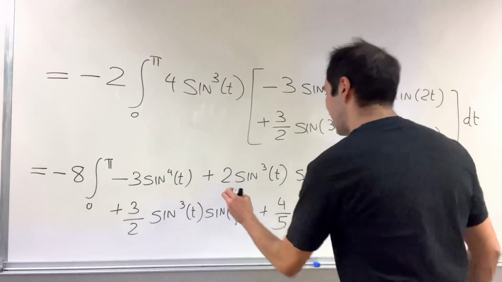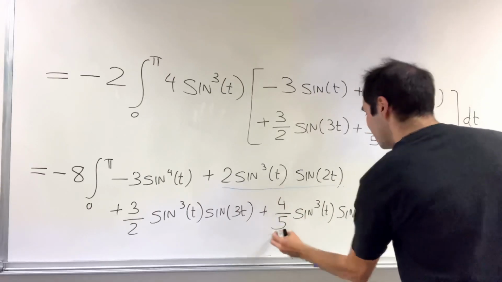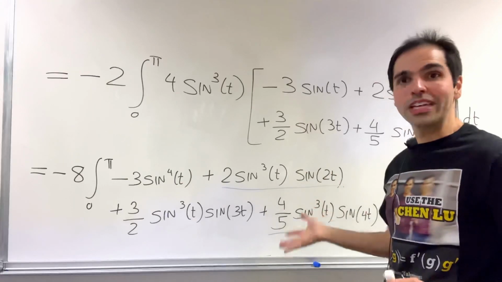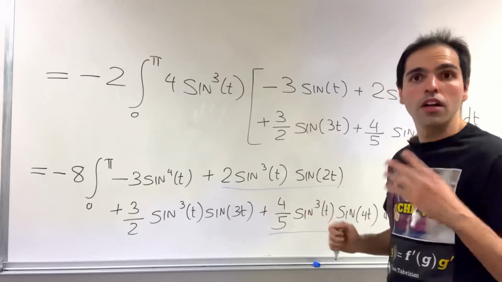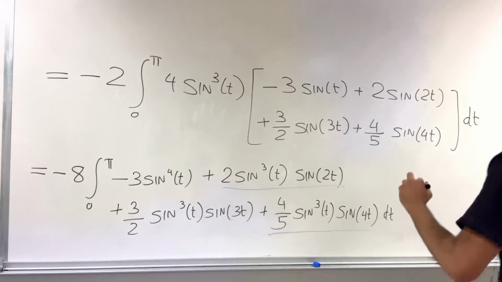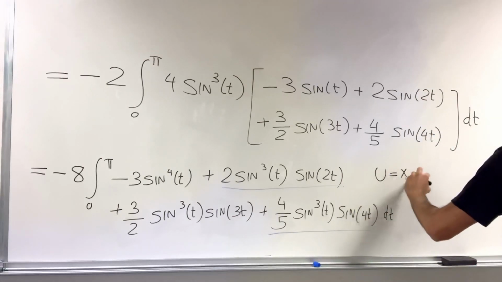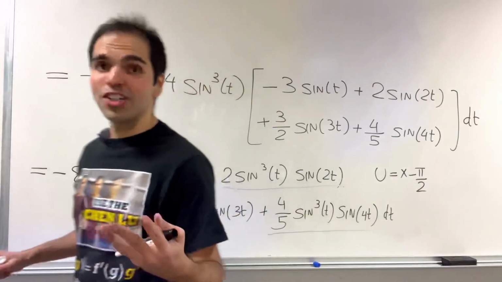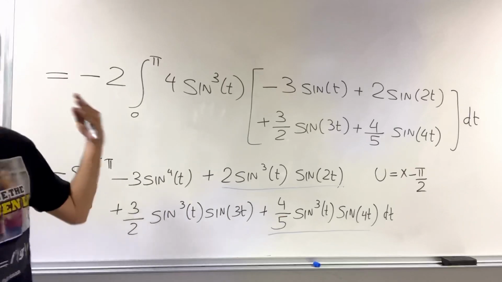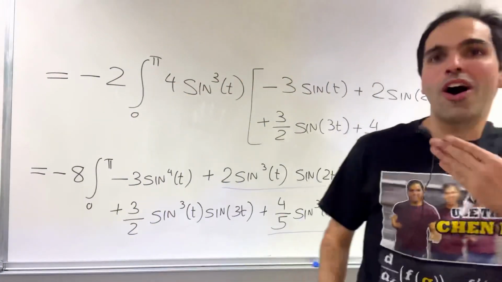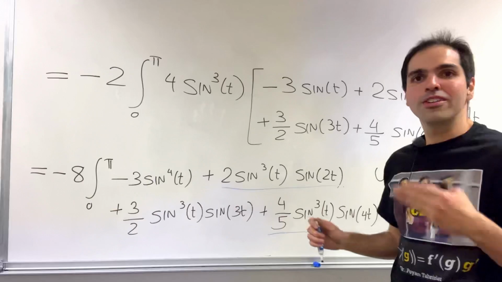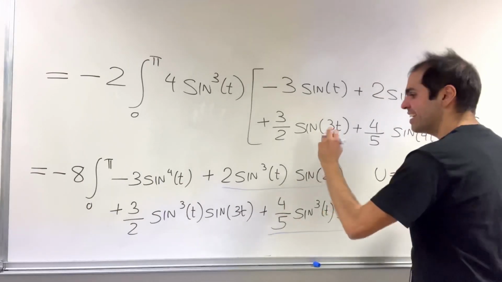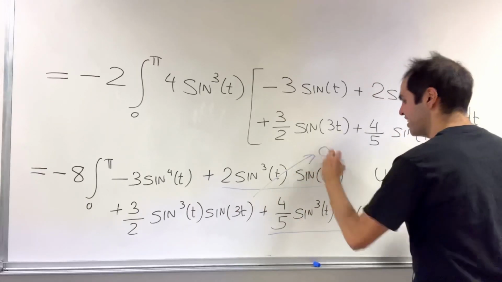Because if you look at the second term and the fourth term, it turns out they're symmetric about pi over 2, which can be made evident by using u equals t minus pi over 2 and turning them into odd functions. But remember, the integral of an odd function from minus pi over 2 to pi over 2 is just 0. So the second and last term actually vanish.